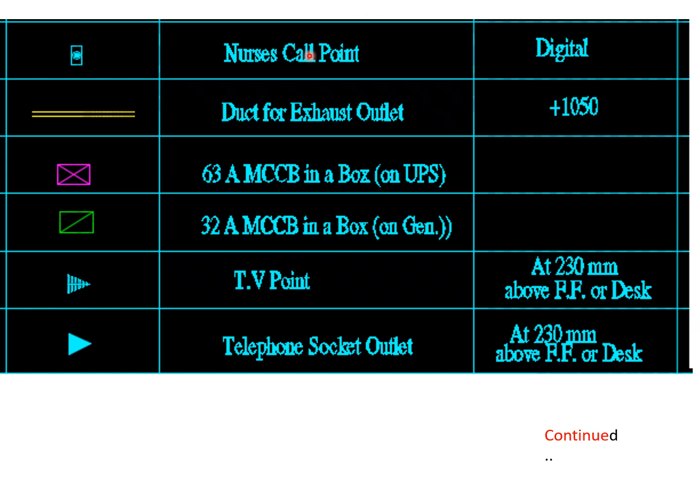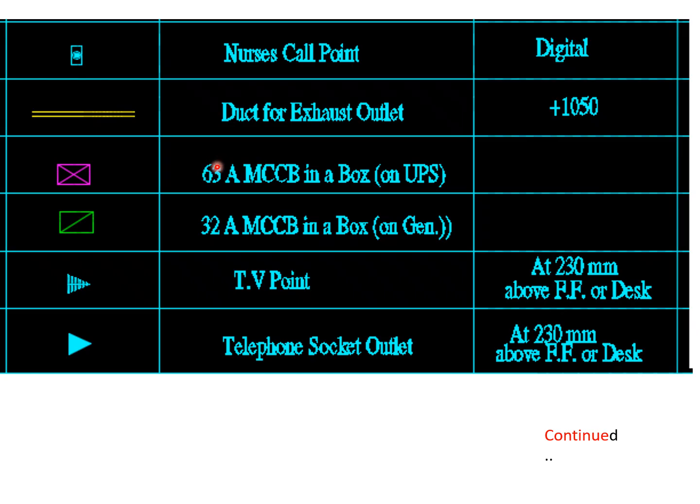Friends, a few more symbols. The first one is for a nurse call point provided at the beds, for the patient on the bed in ICUs and similar locations. This shows a duct for exhaust outlet of foul air from any room.